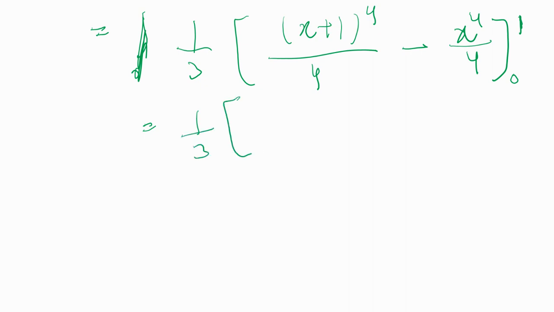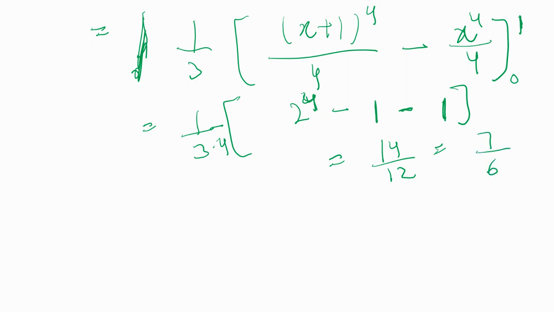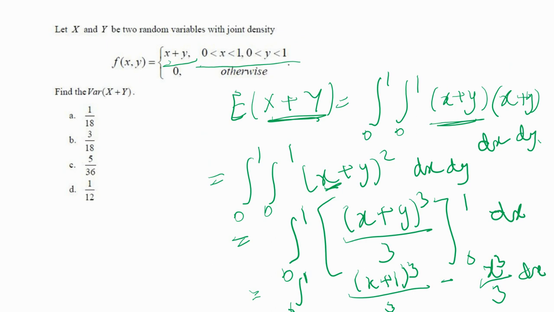So 1 by 3, when we put 1, it will be 2 to the power 4; 1 by 4 also comes out. When we put 0, it will be 0 plus 1 to the power 4, so basically 1. Similarly here also it will be 1. So it will be 2 to the power 4 minus 2. 2 to the power 4 is 16, and 16 minus 2 will be 14. 14 upon 12 will be 7 upon 6. So this is the expectation of x plus y.